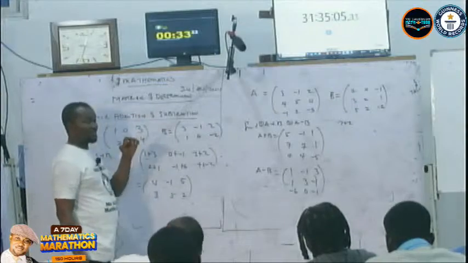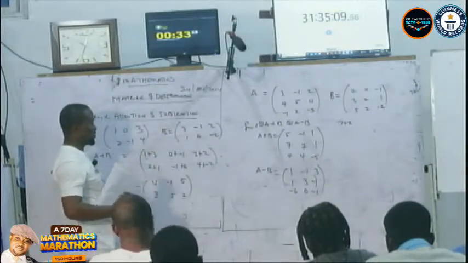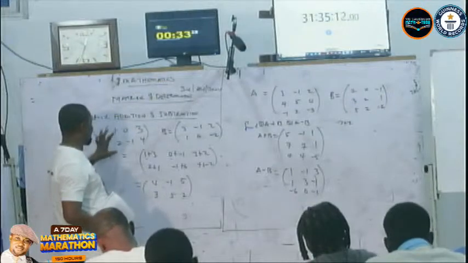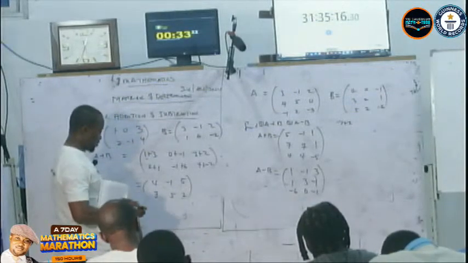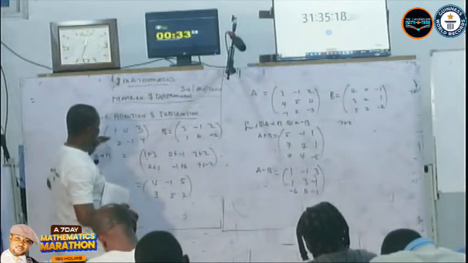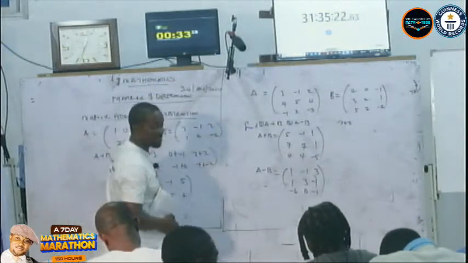Look at this. If you have matrix A and a matrix B, if you are adding, you know this is a 2 by 3 matrix. So you add a matrix that is 2 by 3 with another 2 by 3. You cannot add a 2 by 2 with a 3 by 3 matrix.